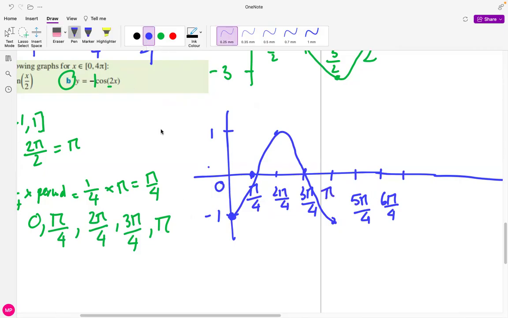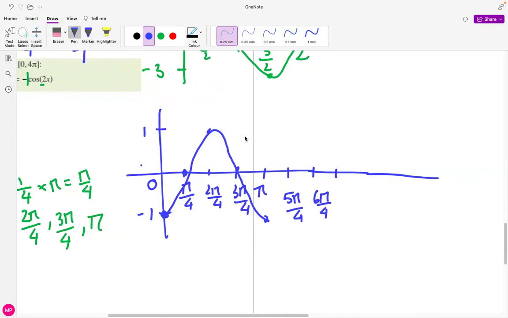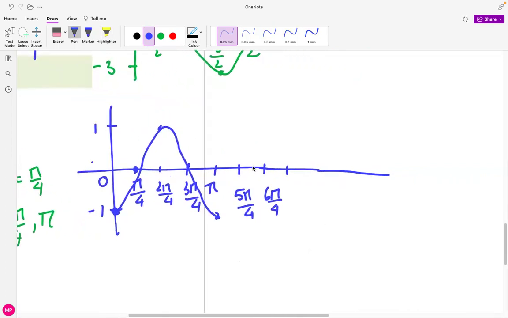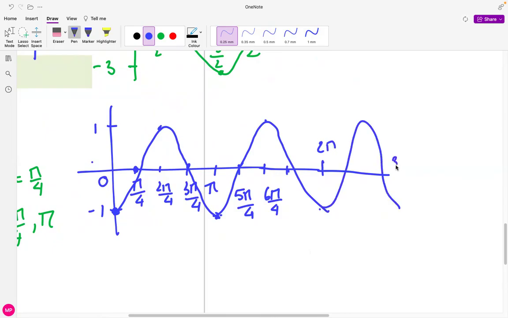So if you keep going to 4 pi, you're going to have 4 periods. So you will have here, here, here, and here. So by the time that you reach the next one, you're going to have 2 pi, and then you have 3 pi and 4 pi as the last point.